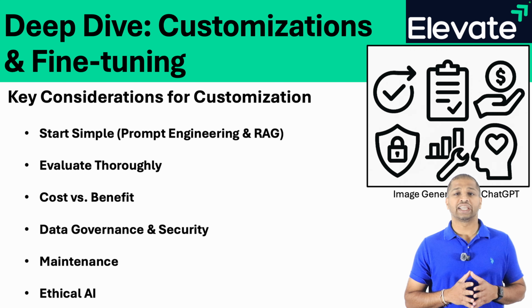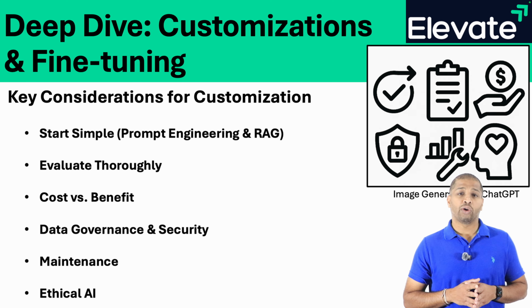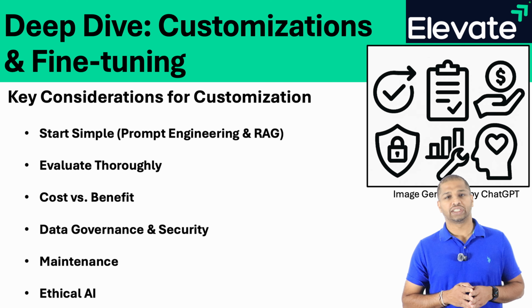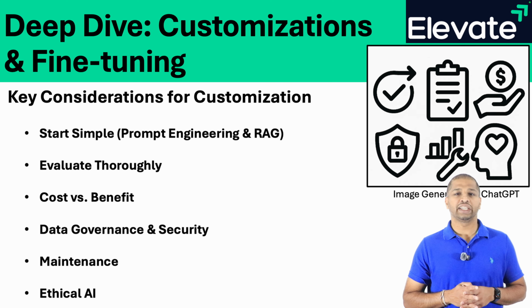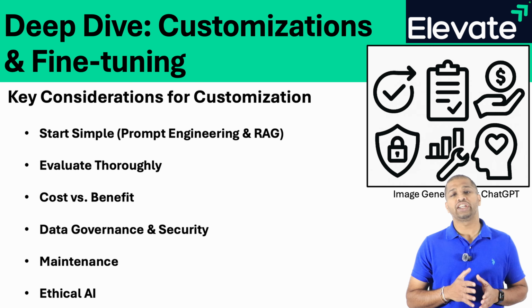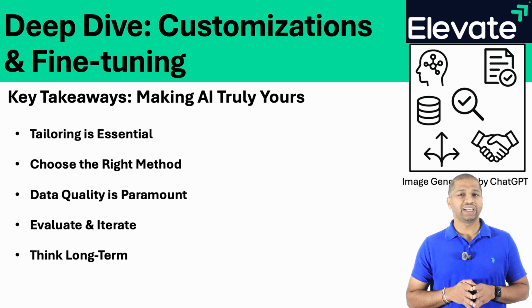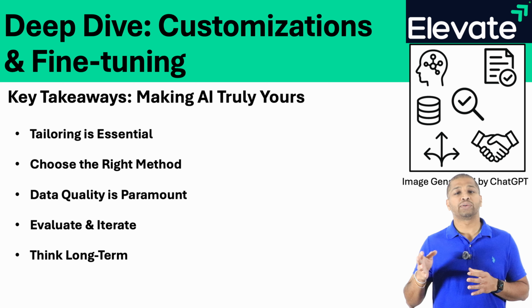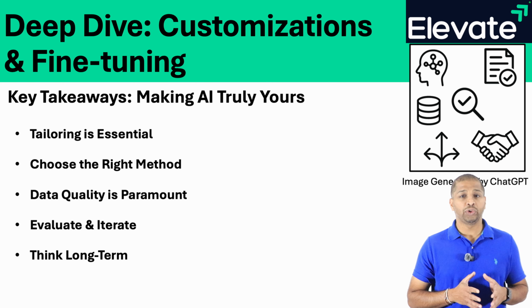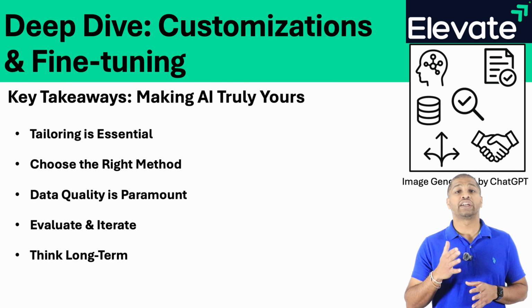Ensure your customization efforts don't inadvertently introduce bias or create harmful outputs. By carefully considering these points, we can effectively leverage customization and fine-tuning to build powerful, tailored generative AI solutions for our organization.